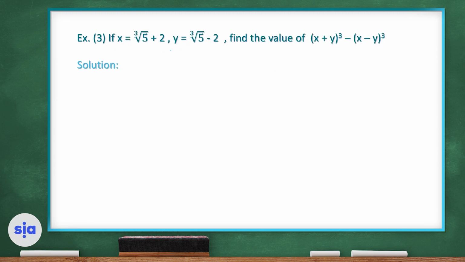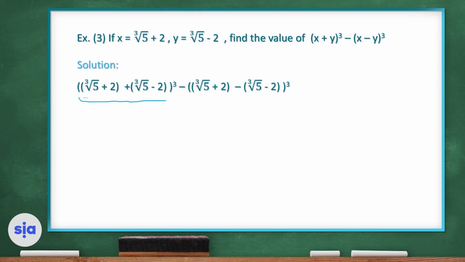Exercise 3, if x equals cubic root of 5 plus 2 and y equals cubic root of 5 minus 2, yes, they're conjugates of each other, find the value of (x plus y) all cubed minus (x minus y) all cubed. Let's now see the solution.